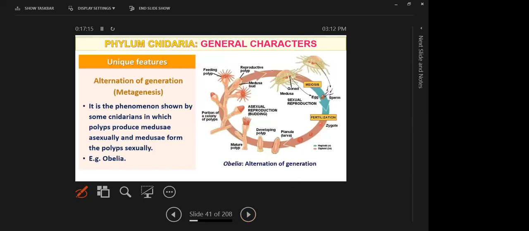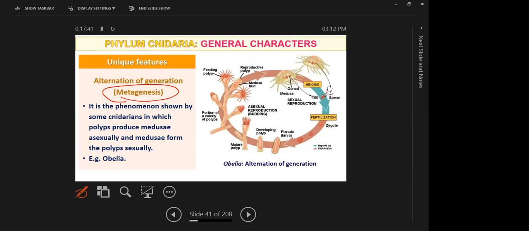Now alternation of generation is something we have seen in other organisms also. What is alternation of generation? It is called metagenesis. Genesis means formation; meta means formation of the adult in a bigger way, like metamorphosis, metagenesis.